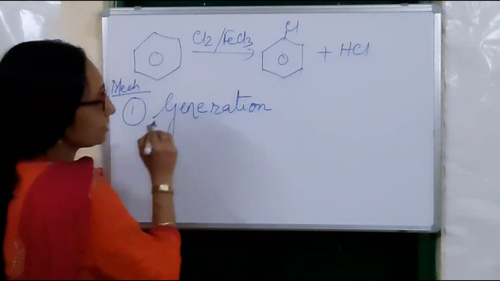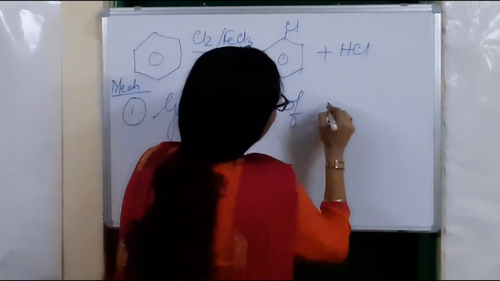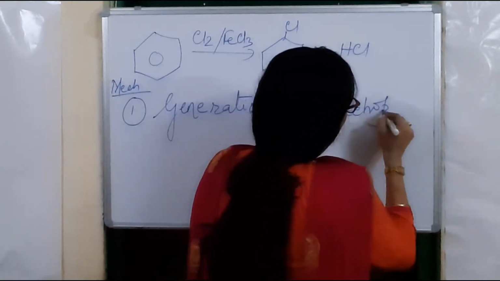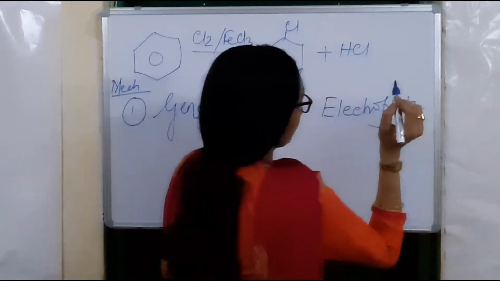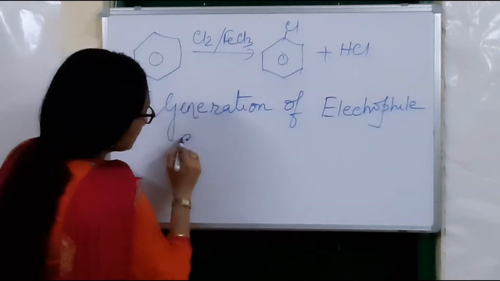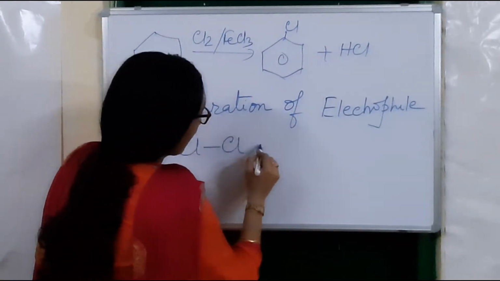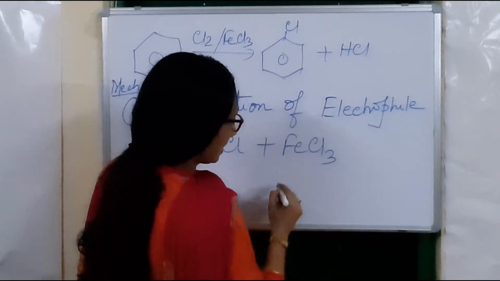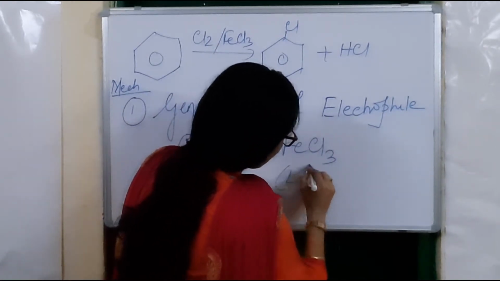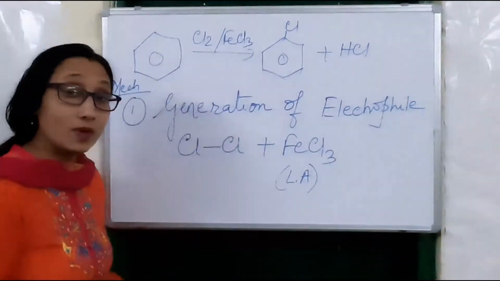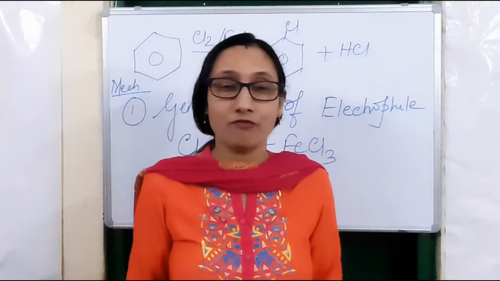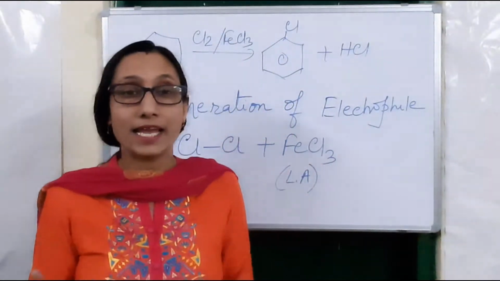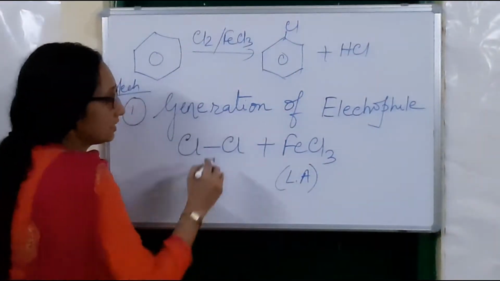The first step is generation of electrophile. We have Cl2 with us and this Lewis acid FeCl3. So what is Lewis acid? Lewis acid is acceptor of electron. That means Lewis acid itself is electron deficient.